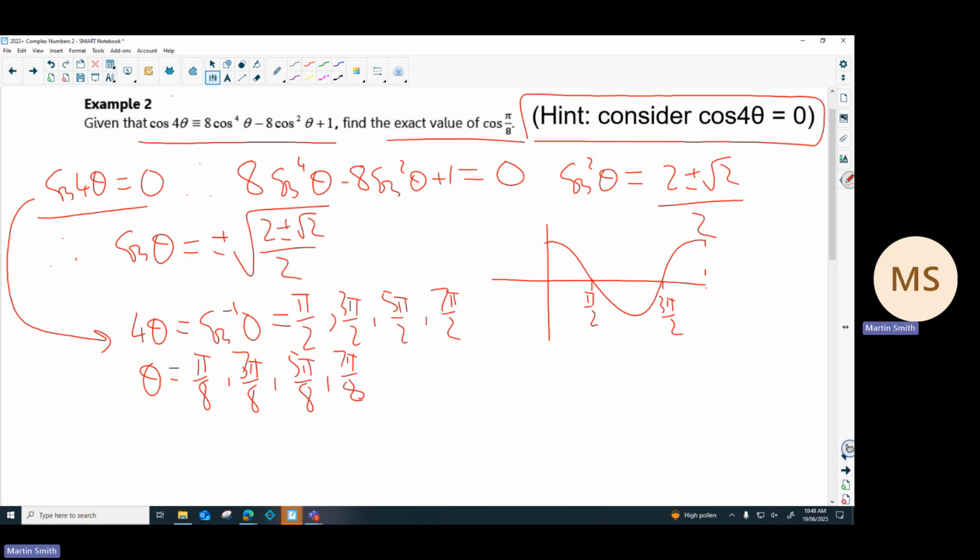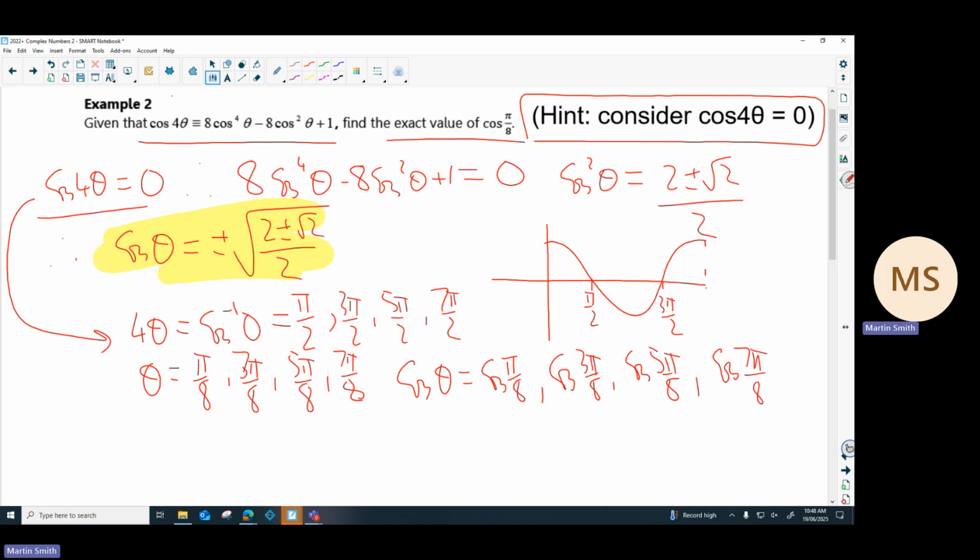So what that means is we've shown that the 4 roots of this equation are given by this. Let me highlight that. Solving the equation just by doing trigonometry shows me that the values of cos theta are cos pi over 8, cos of 3 pi over 8, cos of 5 pi over 8, or cos of 7 pi over 8.